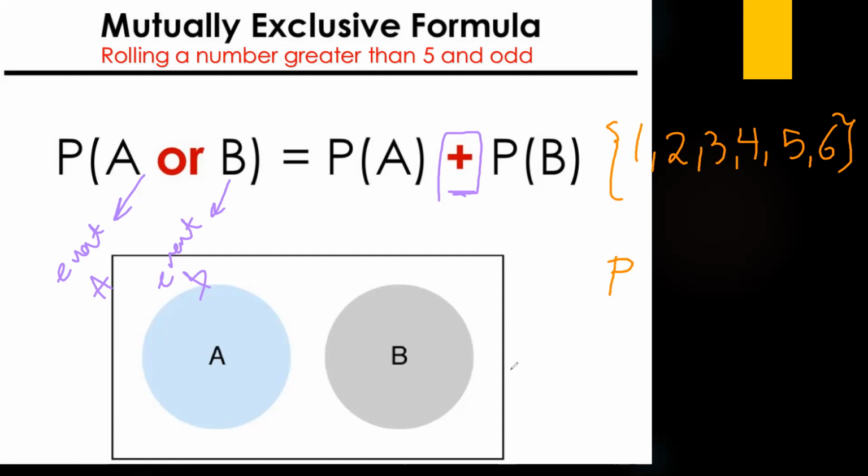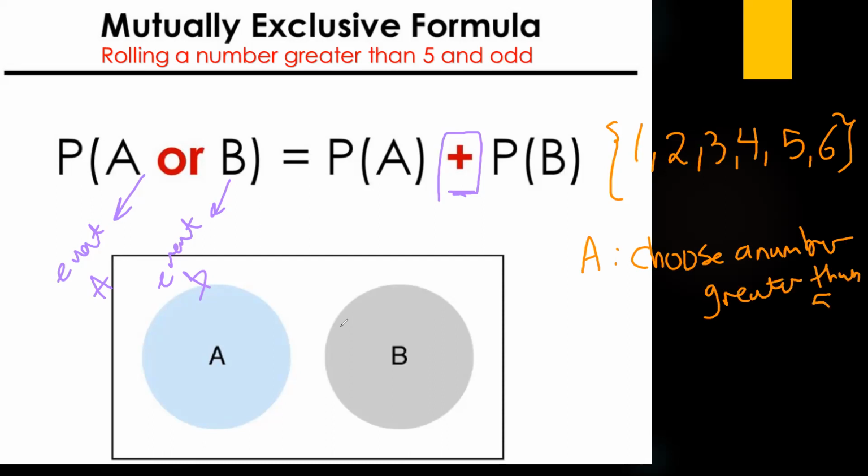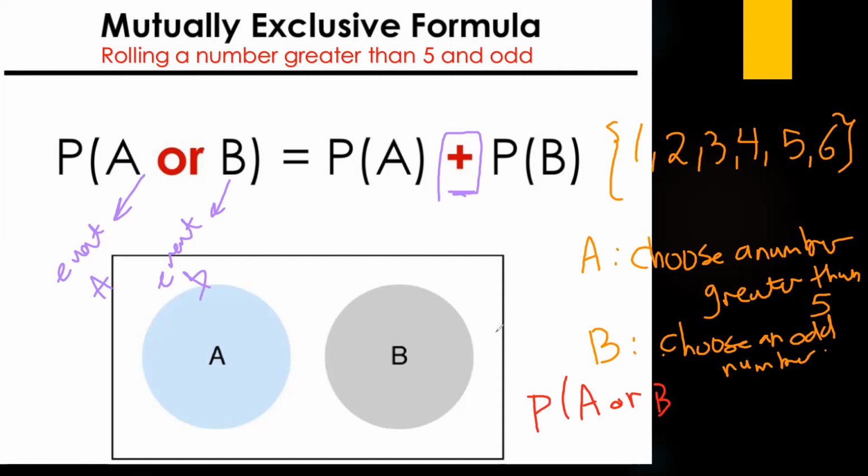Let's say that event A is to choose a number greater than 5, and event B is to choose an odd number. Now, the probability of A or B.